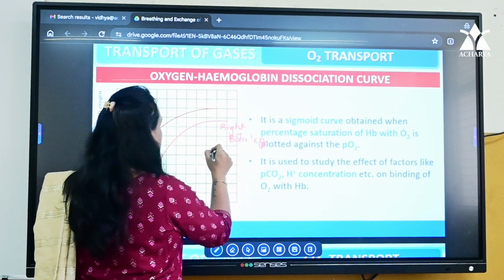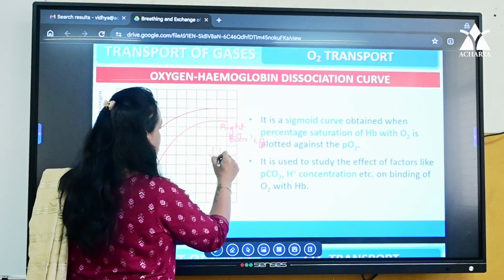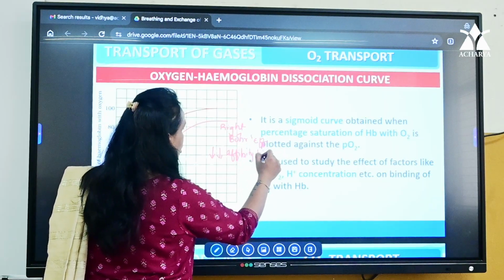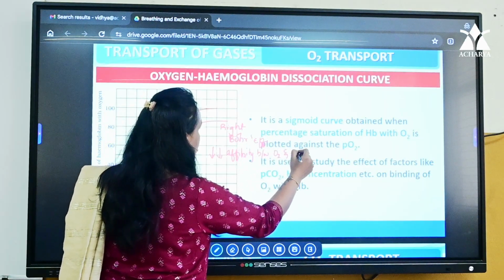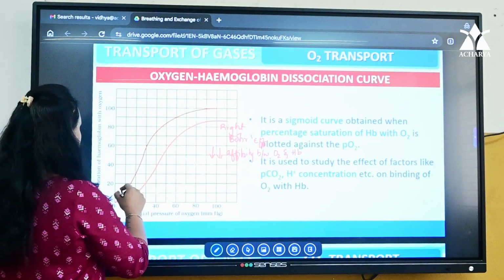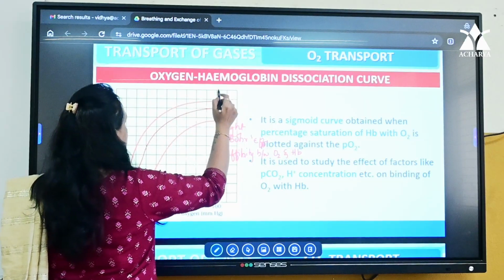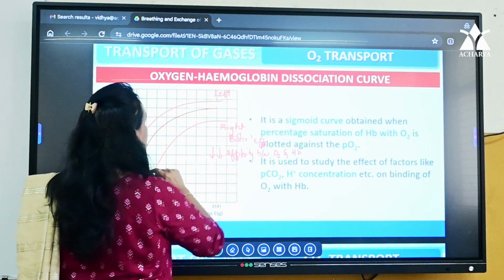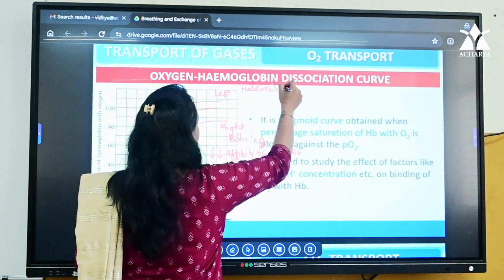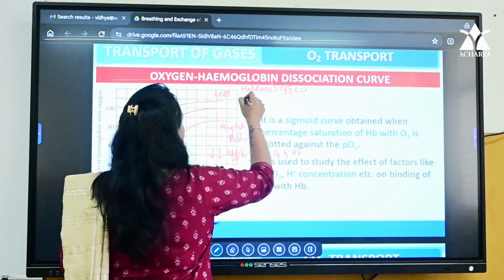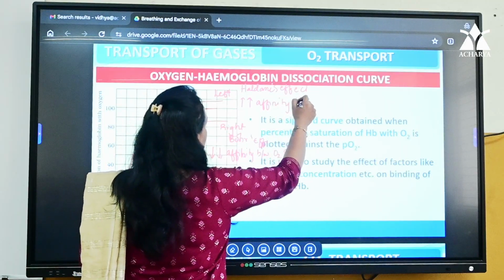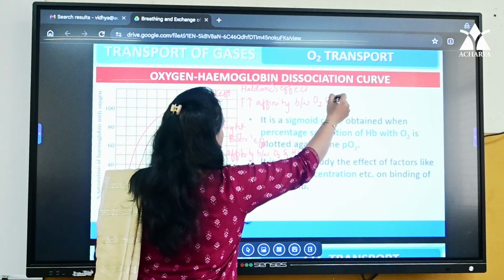We see decreased affinity between oxygen and hemoglobin. And if the same curve shifts to the left side, we call it Haldane's effect, and here we see increased affinity between O2 and Hb.